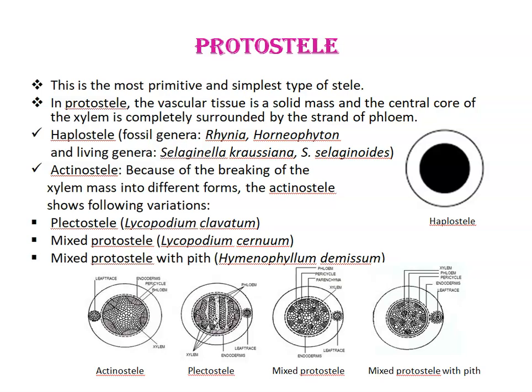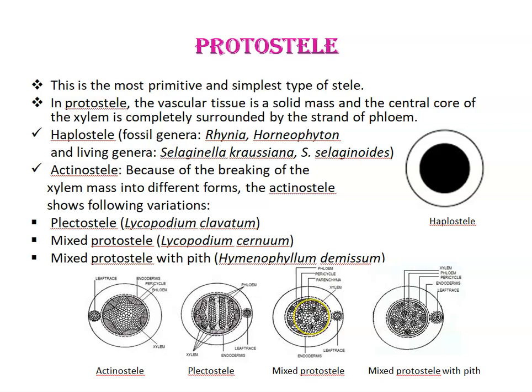Here, in the stem of some species, for example in Lycopodium, the solid core of xylem gets broken into a number of plates, like lobes, more or less lying parallel to one another. You can see here. And phloem alternates with xylem plates. These are phloem plates which are light in color. So example is Lycopodium.